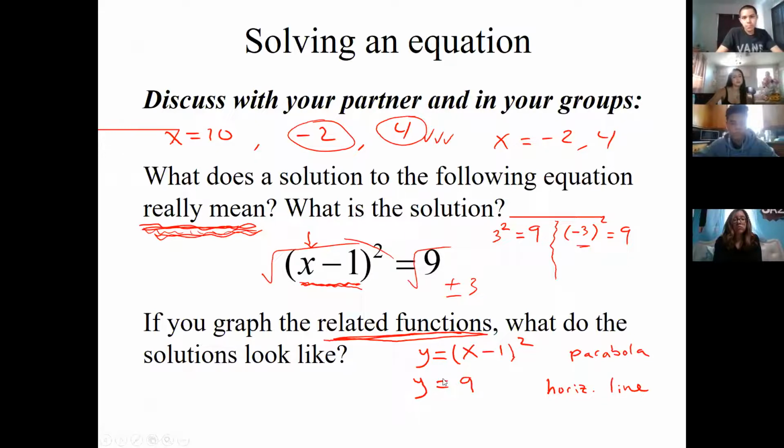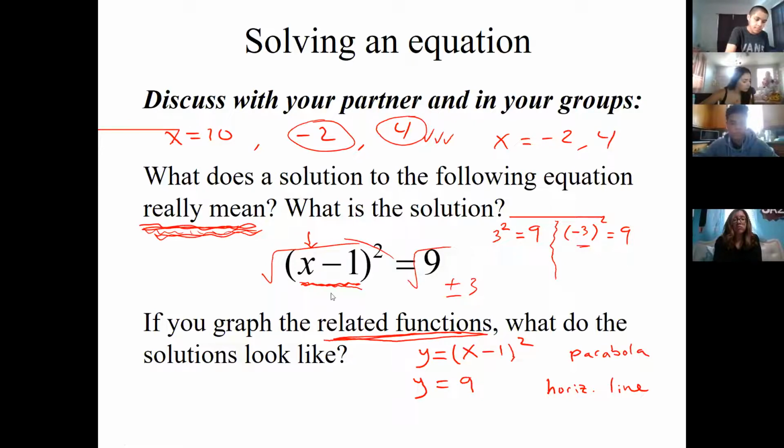But all we did was translate our x-axis up 9 units, right? And so the solution is where these two related functions intersect. That's what I'm getting at: every time you're solving an equation, you're essentially finding where the related functions intersect.